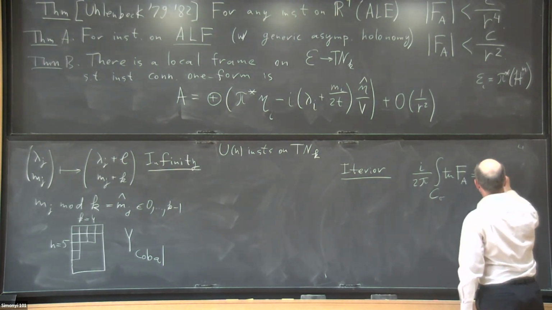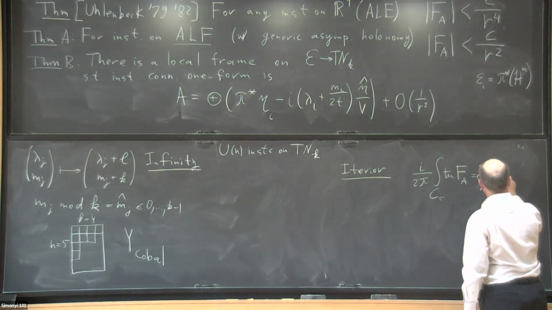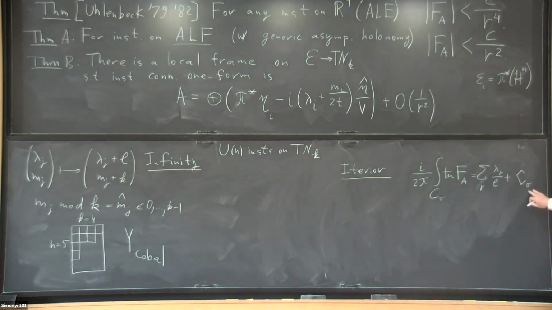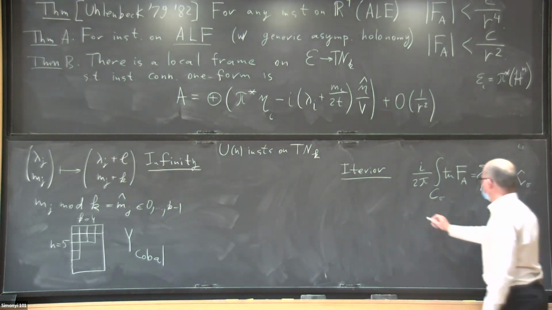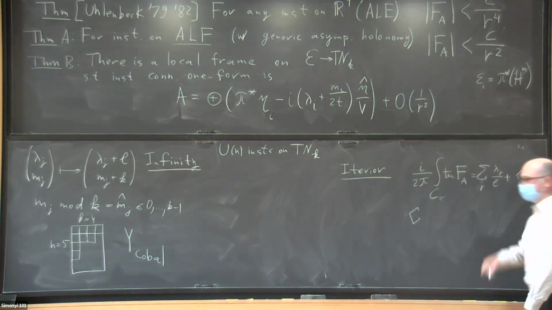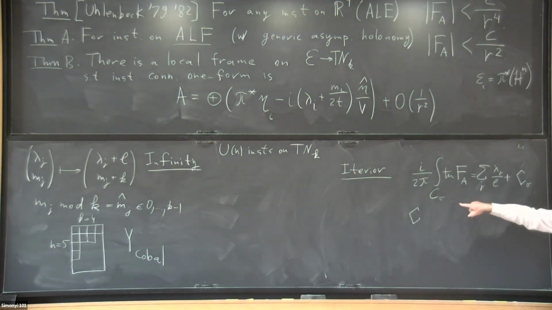This will be equal to the sum of lambda_j's over l plus some integer. Call this Gothic C sigma. So these C sigmas are each associated with some nut.